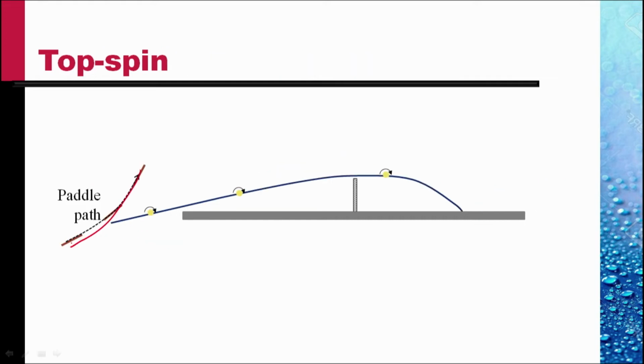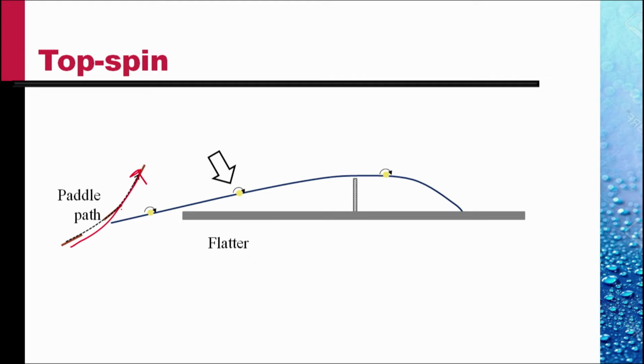On the other hand, in a topspin, as you move the paddle up along this line, the ball is given a spin which is clockwise. And because of this clockwise spin, there is a lift force which is downwards, which makes the trajectory of the ball flatter.